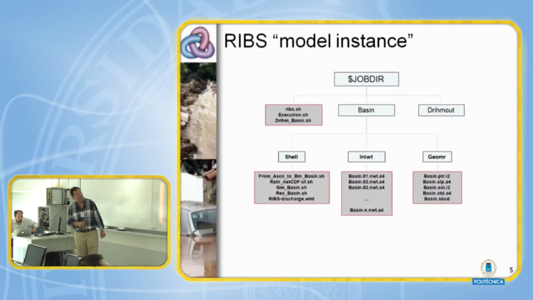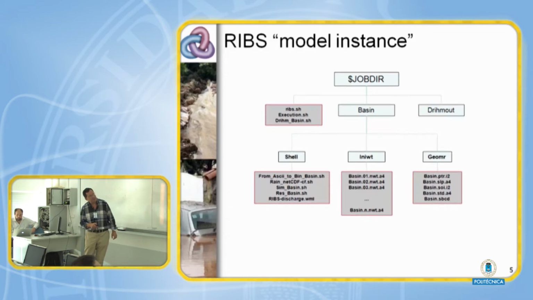This from ASCII to bin is the one that you use to transform from text files to binary files. The RainNetCDF SH is the rainfall bridge, the P-bridge, that you use to extract the rainfall information from the netCDF file and put it into the binary format that RIPS can understand.